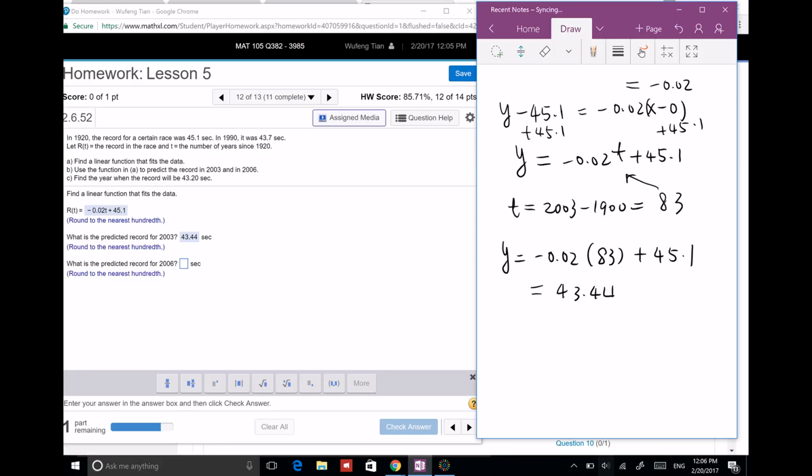Now 2006, which is t equals 2006 minus 1920, which is 86 years later. So now y equals negative 0.02 times 86 plus 45.1, which is 43.38.